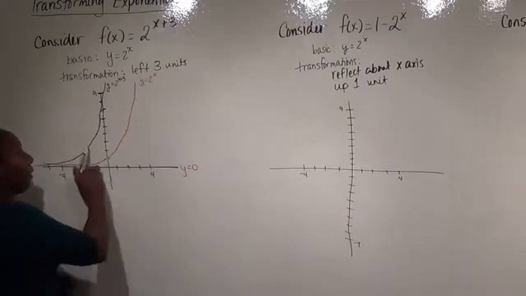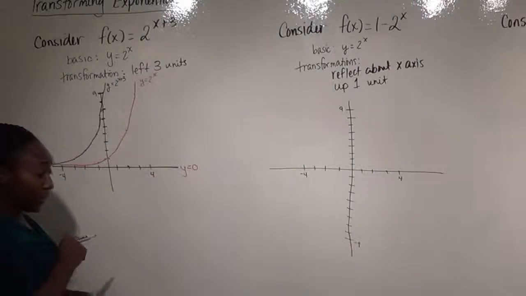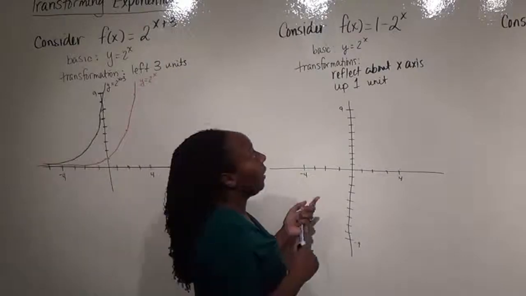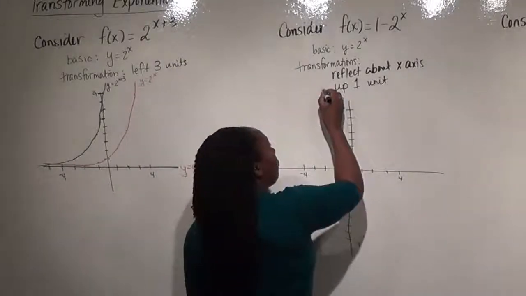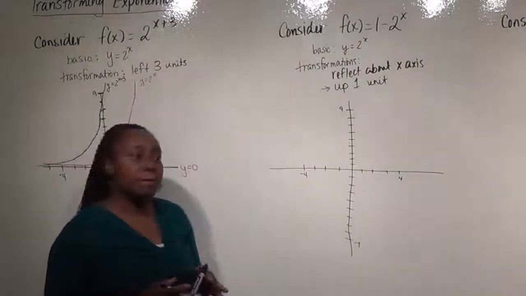So for the black curve here, the horizontal asymptote is same as the red curve. Over here, because I now have a vertical transformation, that horizontal asymptote is going to be affected.